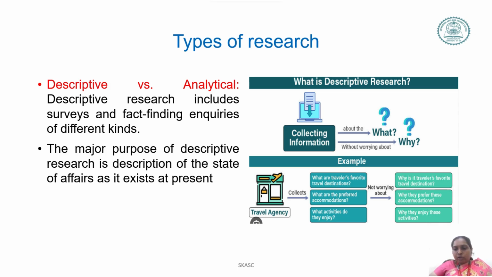He might ask about the traveler's favorite destination, what type of accommodation you prefer, and what activities you like to enjoy. All those basic details he understands with the help of questioning or a survey. So this is called descriptive research.